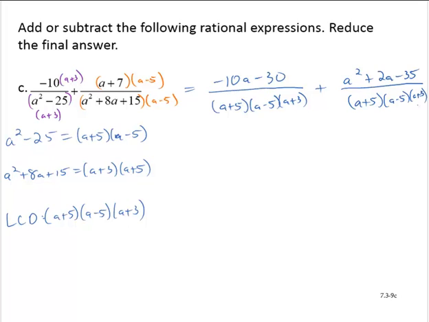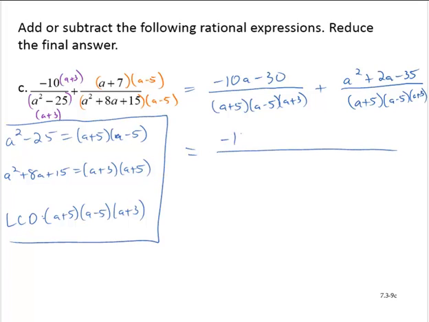Addition of fractions with a common denominator. Let me add the numerators. So that would give me negative 10a minus 30 plus a squared plus 2a minus 35, now over the common denominator.